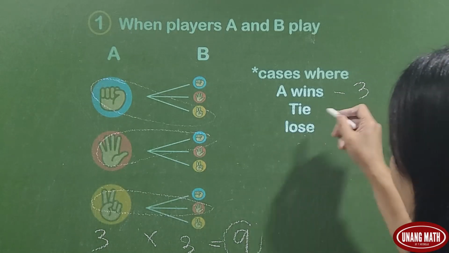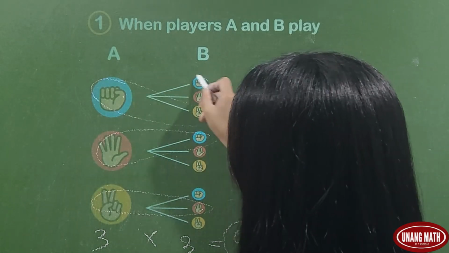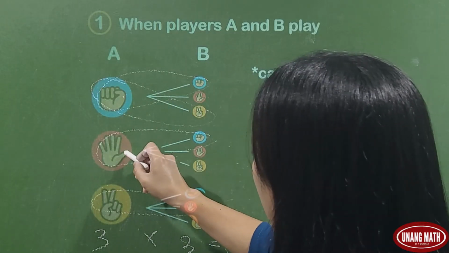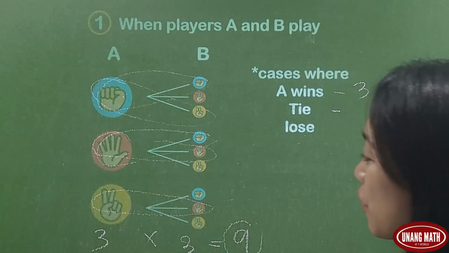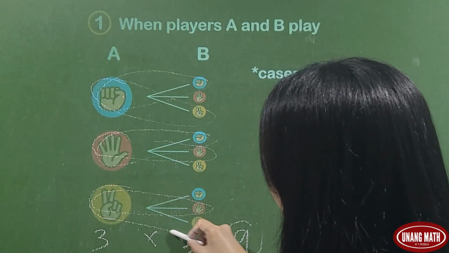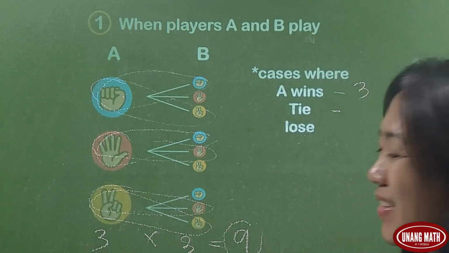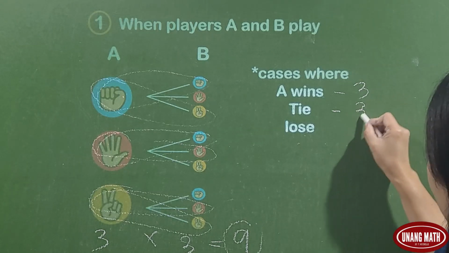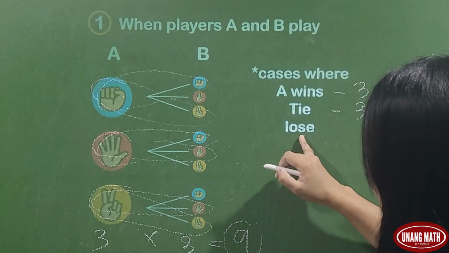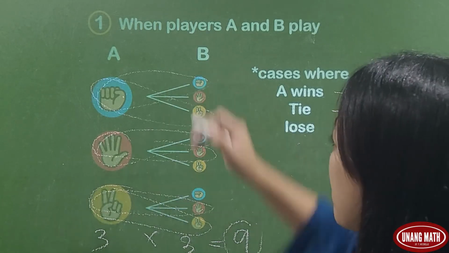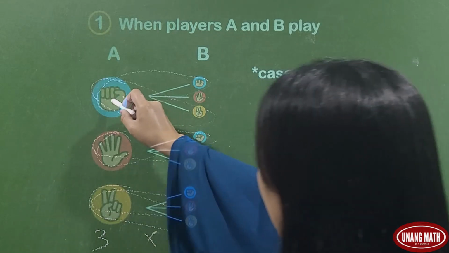What about tie? So this is rock, player B must show rock also. This is paper, B must show paper also. This is scissors, so player B must show scissors. So we also have 3 cases. Okay, how about when player A loses, meaning player B wins? Okay, this is rock.